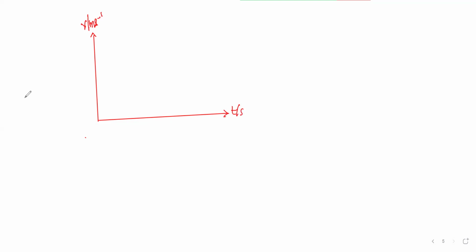The graph is such that it moves, then from here comes this side, and then comes to this point.